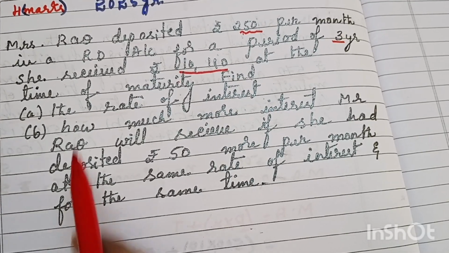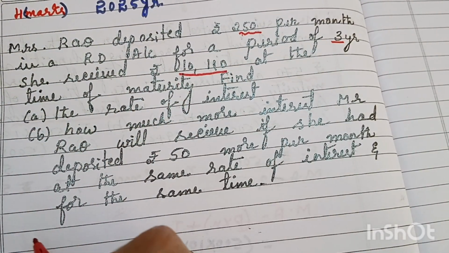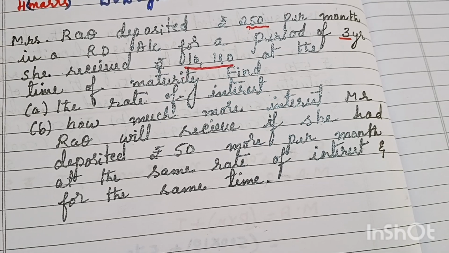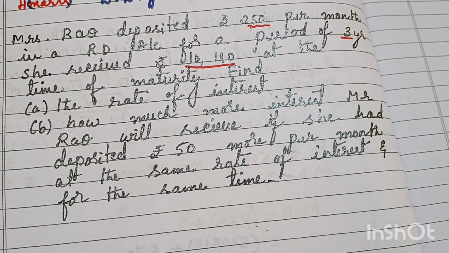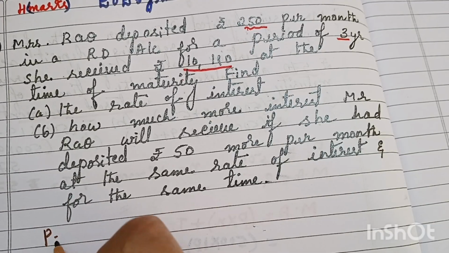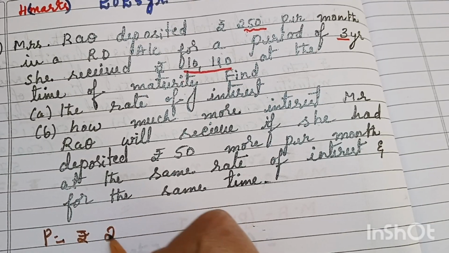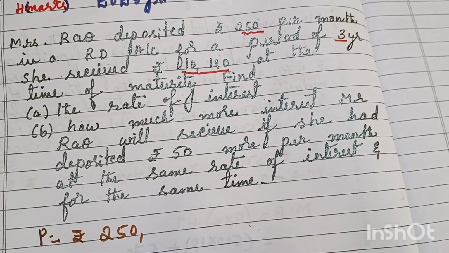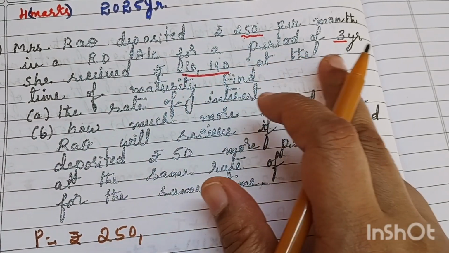अभी मिस्टर राव ने कितना डिपॉजिट किया है? Principal amount is rupees 250. Then per month, the period is 3 years.